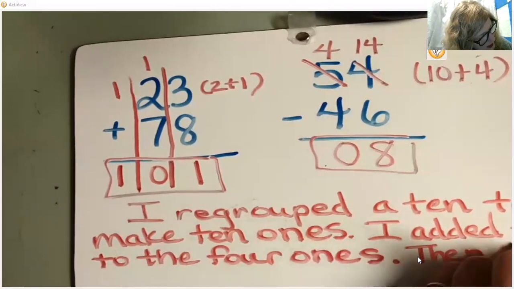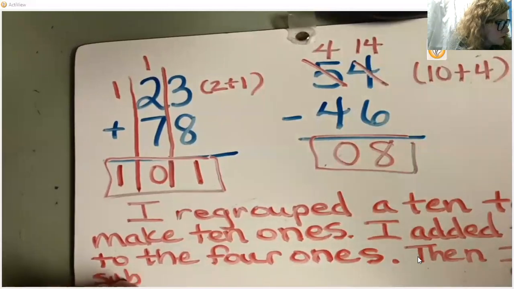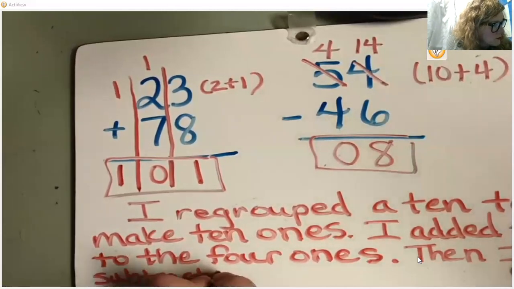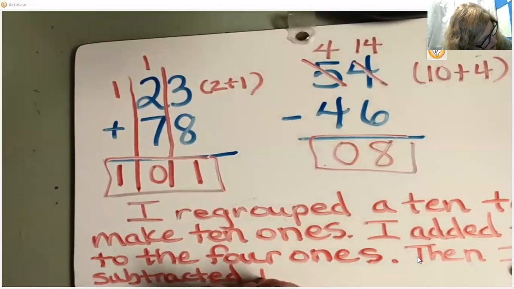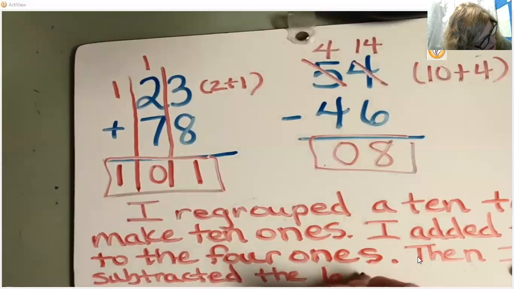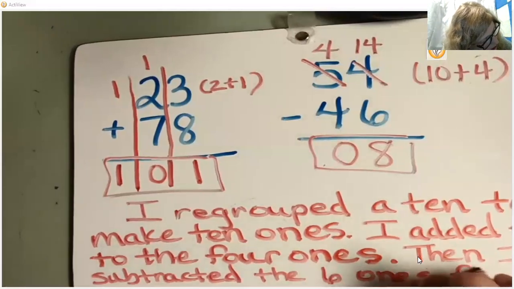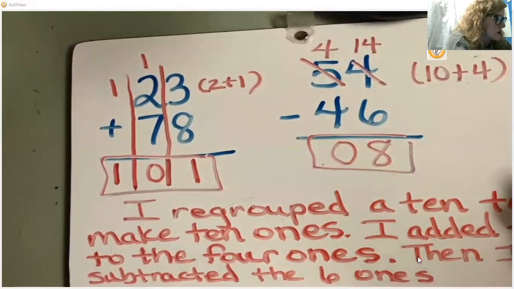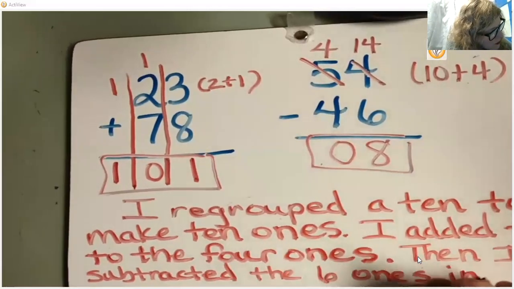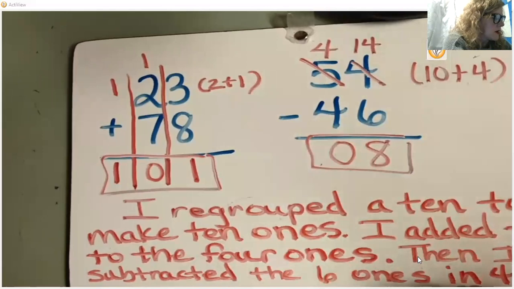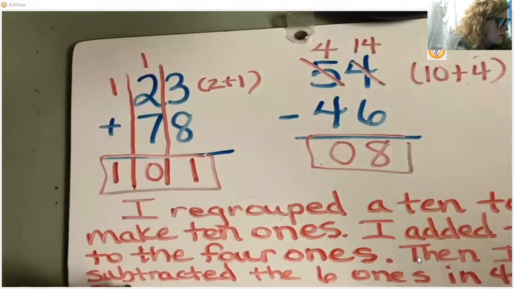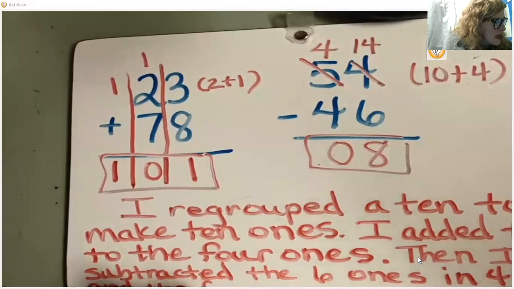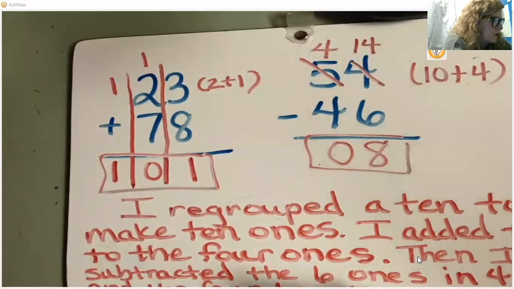Then I subtracted the 6 ones in 46, or actually I should say in 46 because you're not subtracting them from 46, in 46, and the 4 tens in 46.